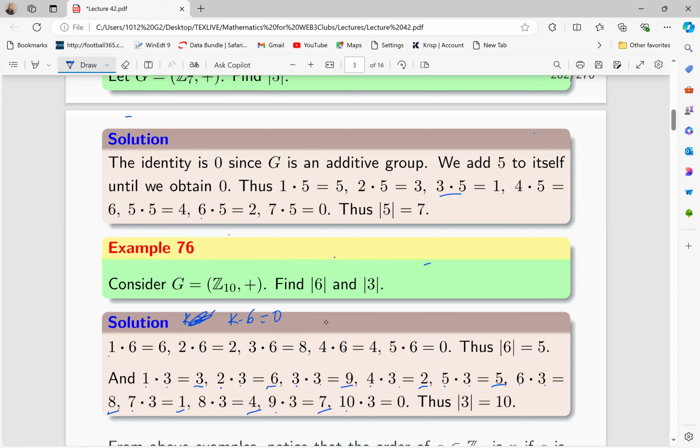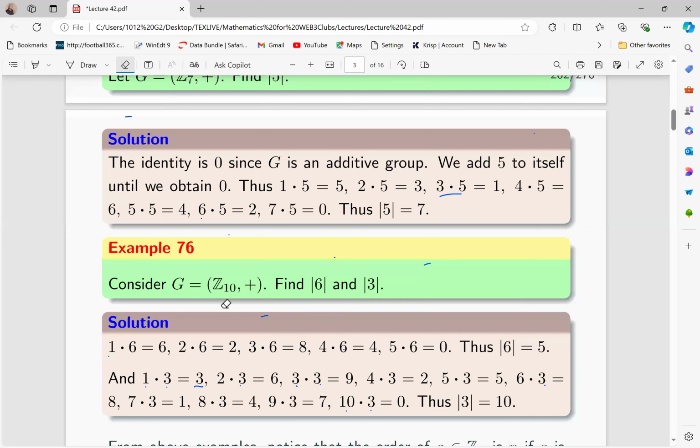And then 10 times 3 is 0. If there is anywhere you don't get, you just ask. Of course, we are just doing modular arithmetic here. And therefore, the order of 3 is 10. That's how we do it.